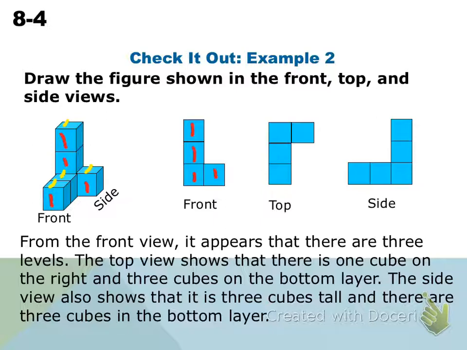All the different tops that are seen. So that would make this shape right there. And if you are looking from the side, you would see the side of all the cubes that are on the side, which in this case you would see right here, and that would make this shape.